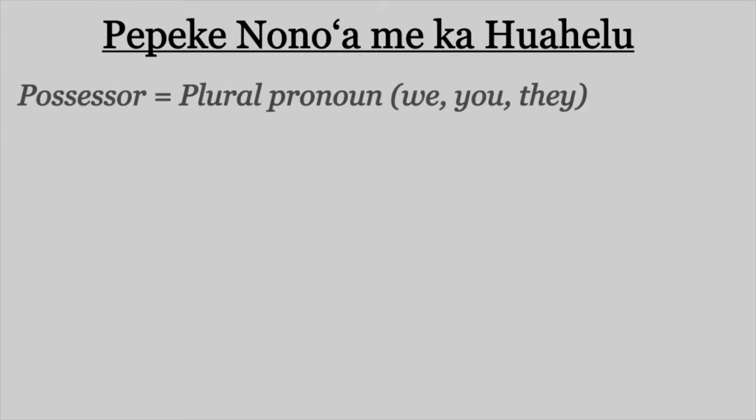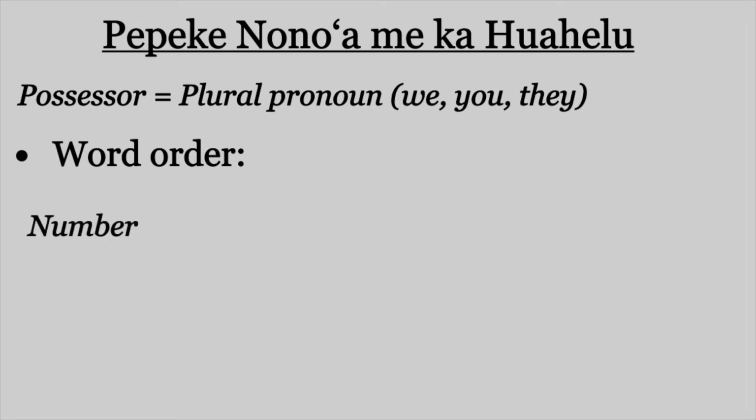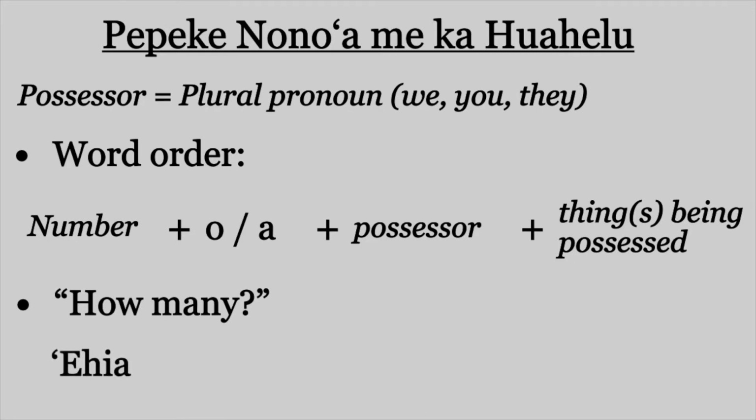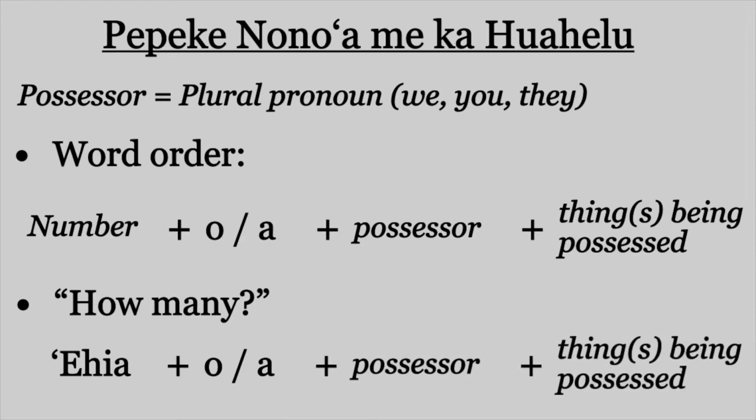If the possessor is a plural pronoun, we, you, or they, the word order is number, then your zero possessive o or a, then the possessor, and finally the thing being possessed. And to ask how many, you have ehia, then your zero possessive, then the possessor, and finally the thing being possessed.